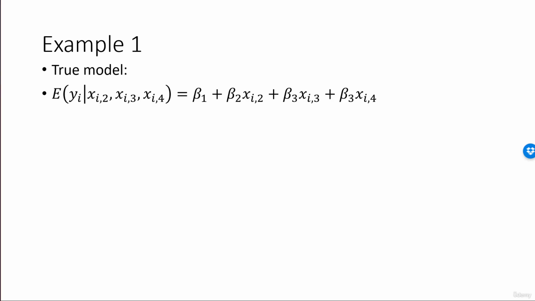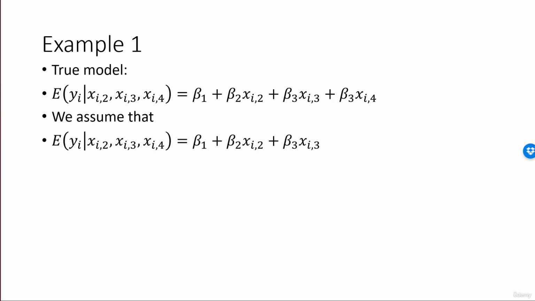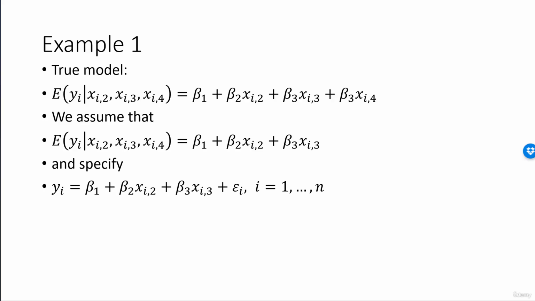However, we incorrectly assume that the conditional expectation depends on only x2 and x3, so we make the following assumption. With this assumption, we run the linear regression model where y is equal to this conditional expectation plus an error term, and we estimate this model using OLS.